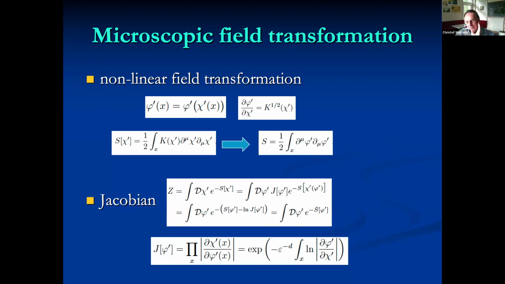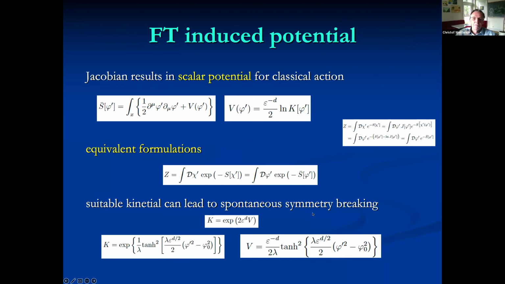And that can make things pretty cumbersome. So conceptually, it's very simple. You have an integral, you transform variables, you get a Jacobian, and the Jacobian, once you write it again as a linear measure here, just modifies your classical action.